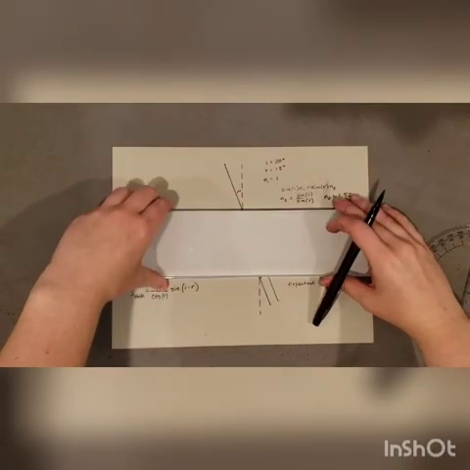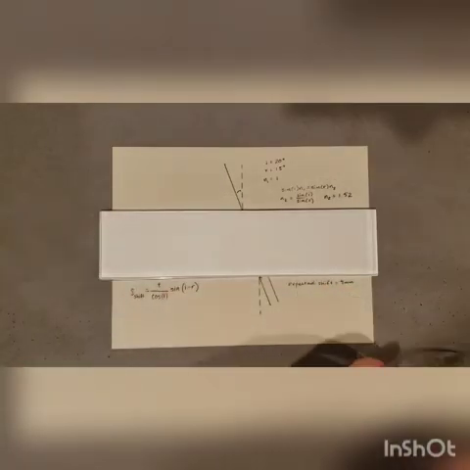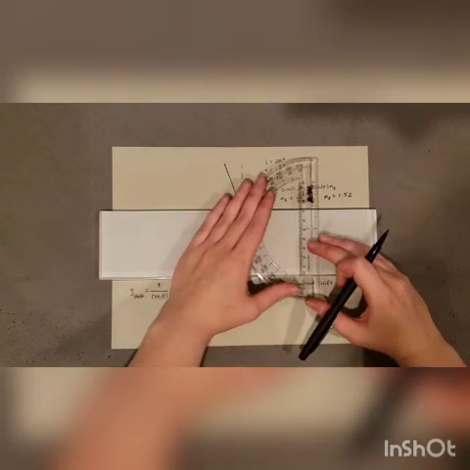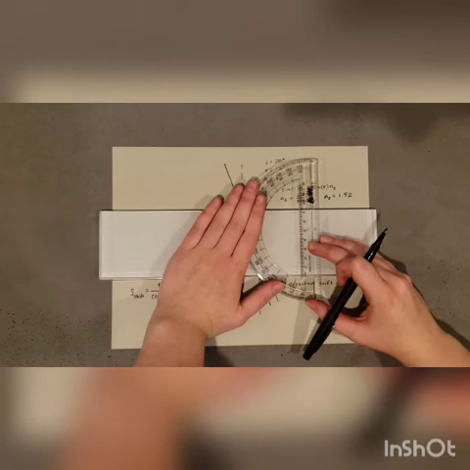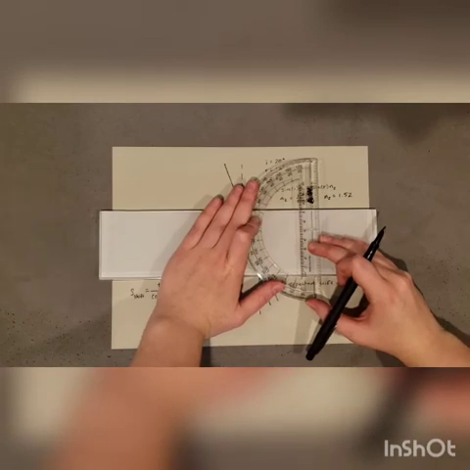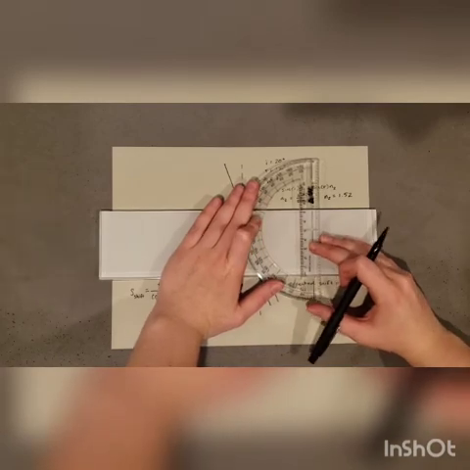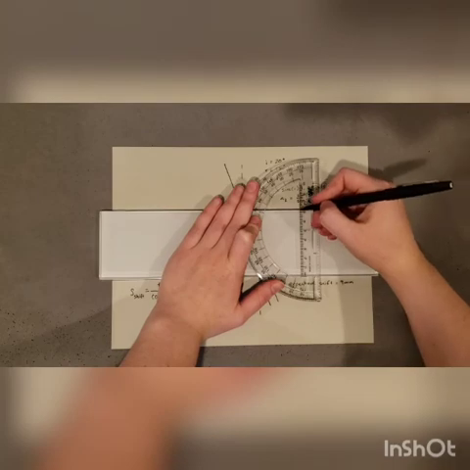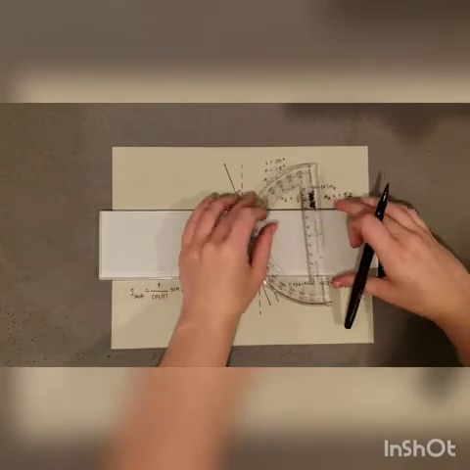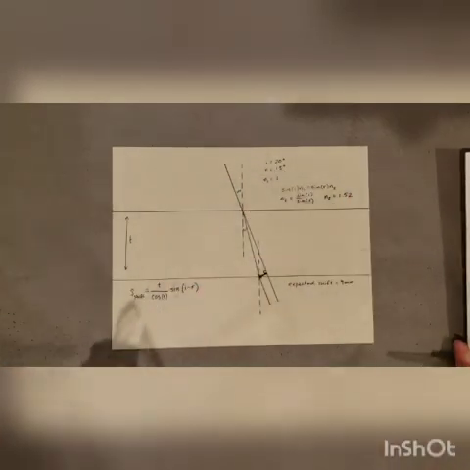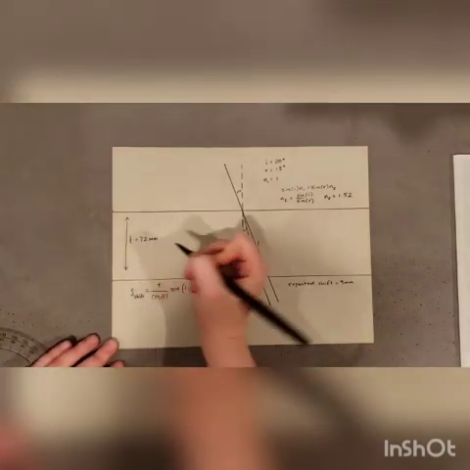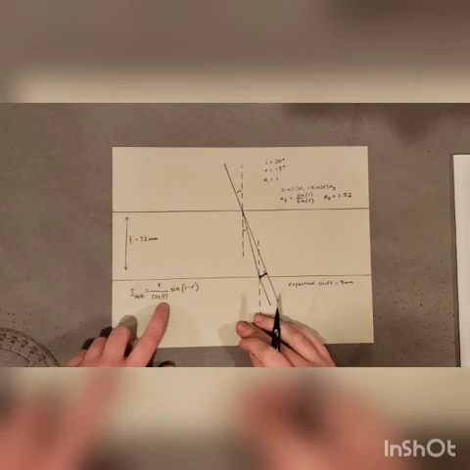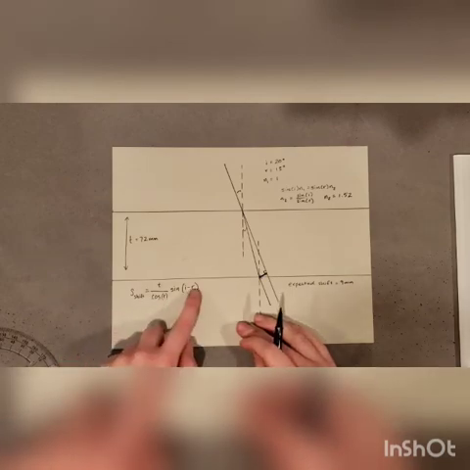Now we can measure T, which is 72 millimeters here. So T equals 72 millimeters. And we have the refracted angle and the incident angle already.